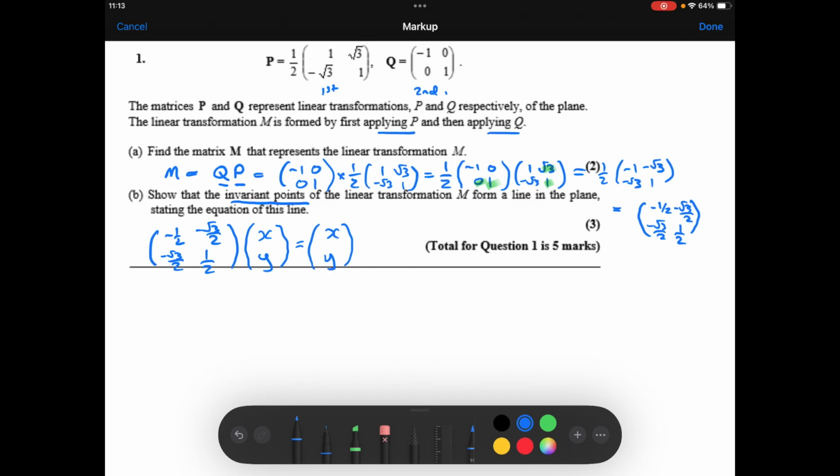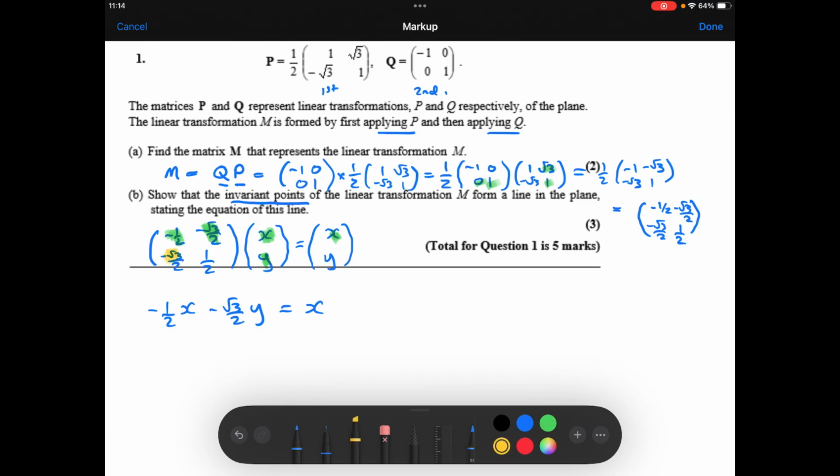Right, multiplying these matrices out, I'm going to have minus 1/2 times x plus minus root 3 over 2 times y, and that's going to equal x here. So that's me multiplying out the x coordinates.